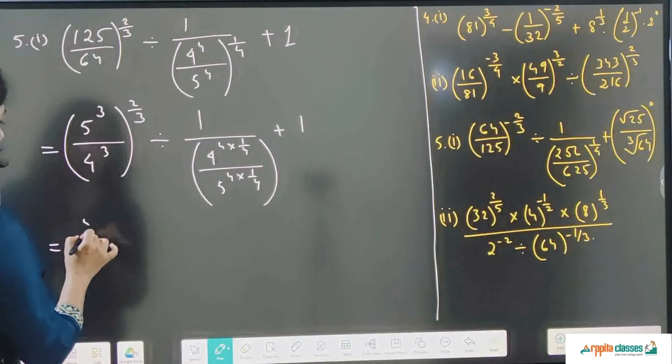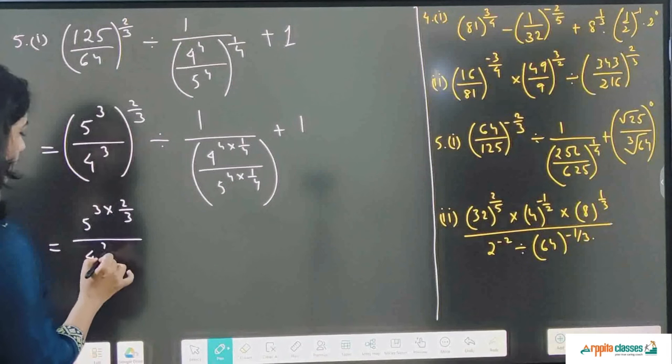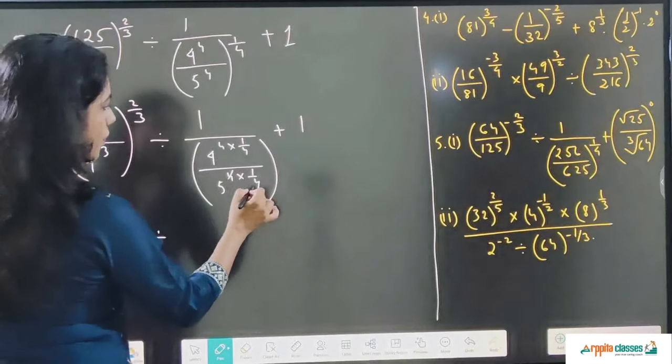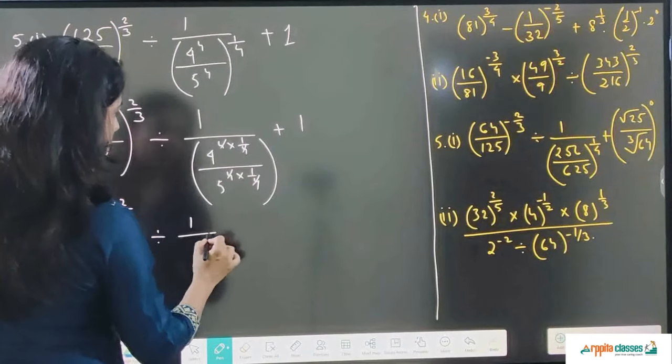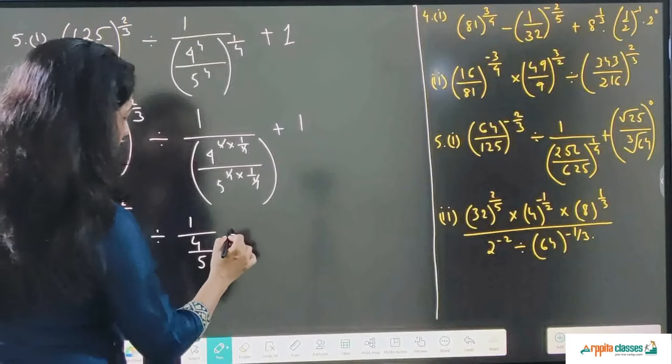So now this is 5 cube into 2 by 3 and this is 4 cube into 2 by 3 and divided by, this 4 gets cancelled, 4 gets cancelled, which is 1 upon 4 to the power 1, that's 4, 5 to the power 1, that's 5, plus 1.